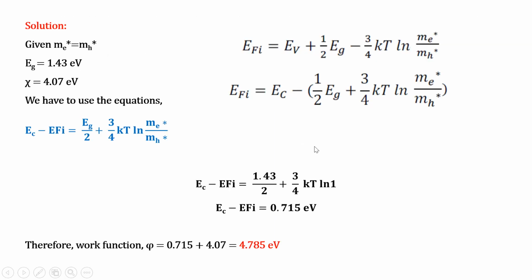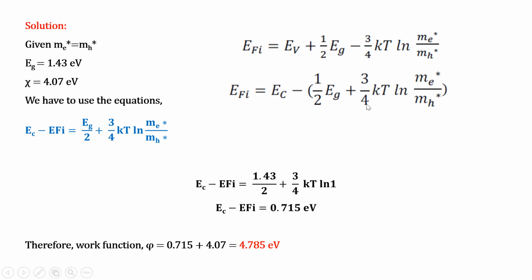Is that clear? Half of 1.43 is 0.715, plus 4.07. That is one way of solving this.